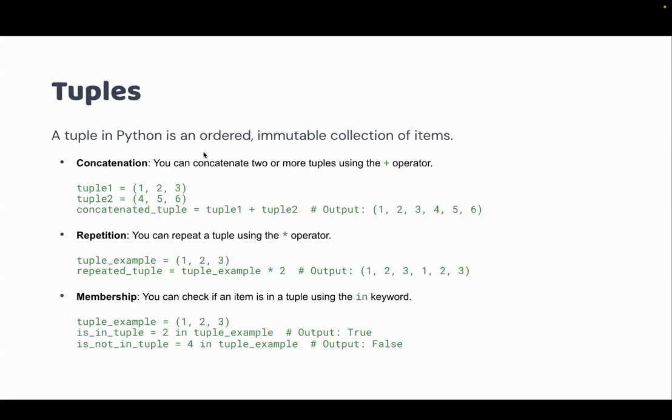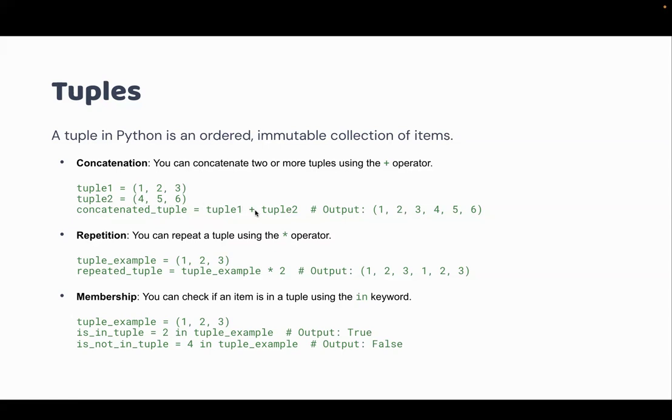So we can define a tuple with parentheses. These are some modifications you can apply on tuples. Concatenation: you can concatenate two or more tuples using the plus operator. For example, we have 1, 2, 3 and 4, 5, 6.